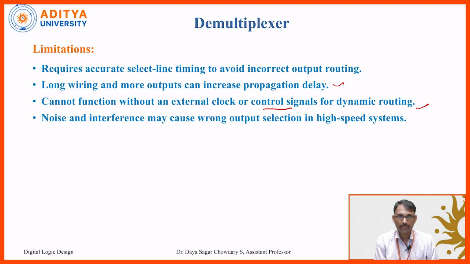Noise and interference may cause wrong output selection in high speed systems, because there is no control signal. The device is always in the on condition, so there may be interference from noise signals. We can take this as a disadvantage for demultiplexers.